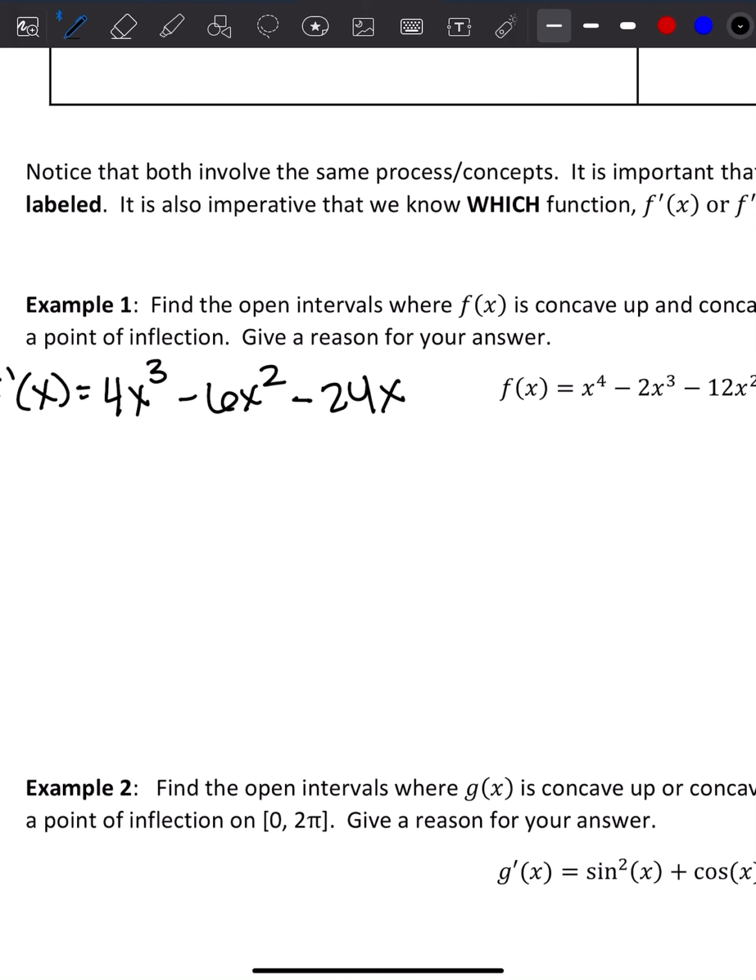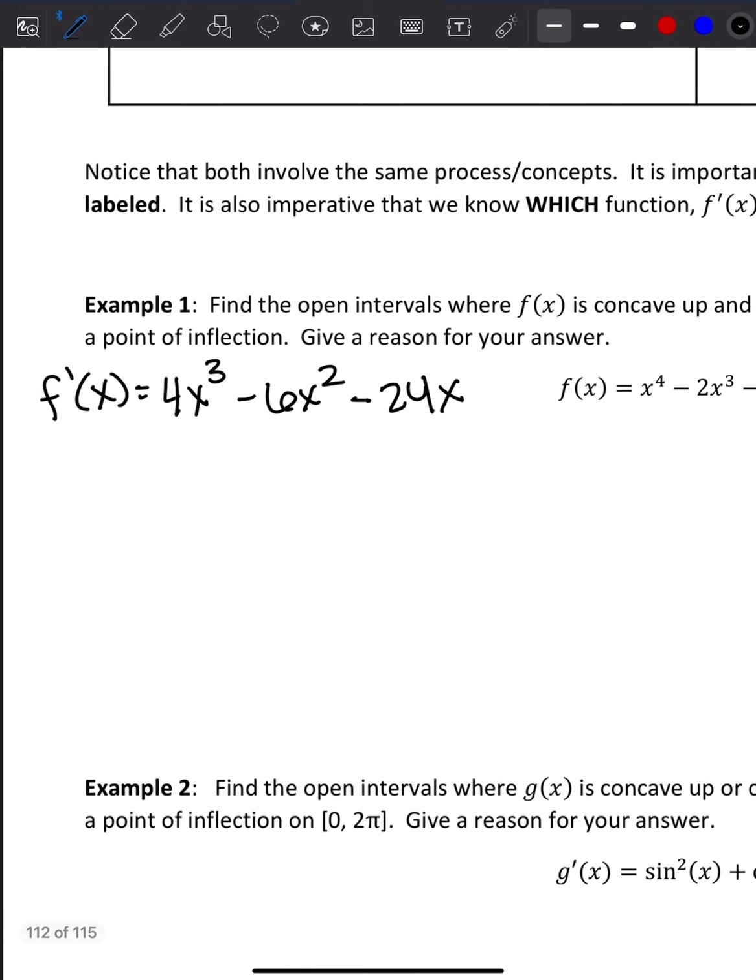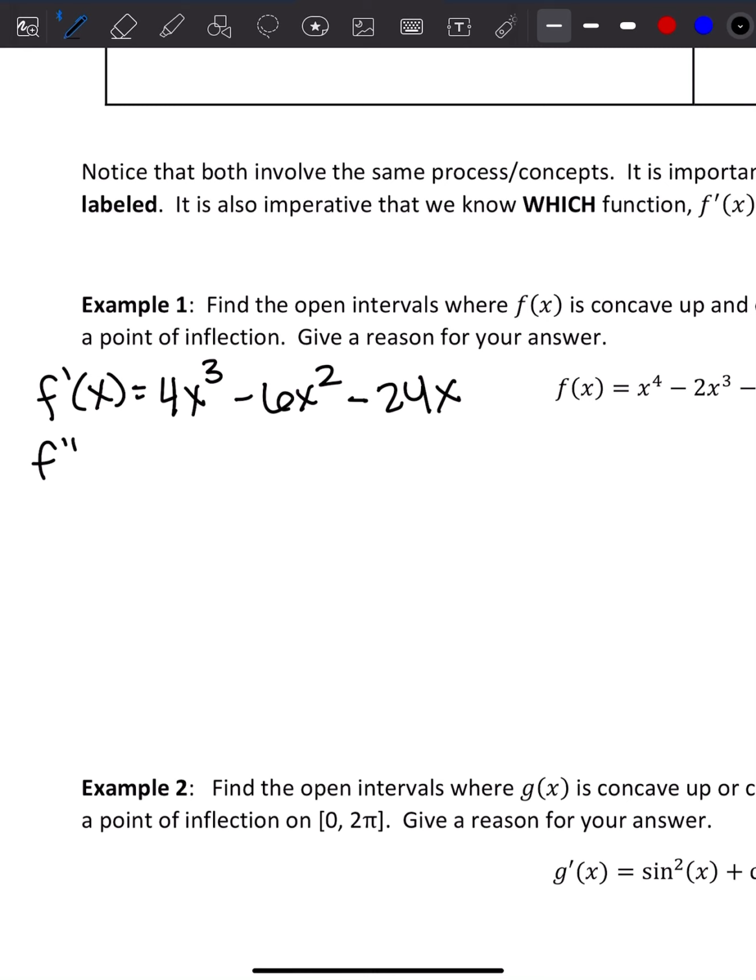And then we need to find our second derivative: 12x squared minus 12x minus 24.